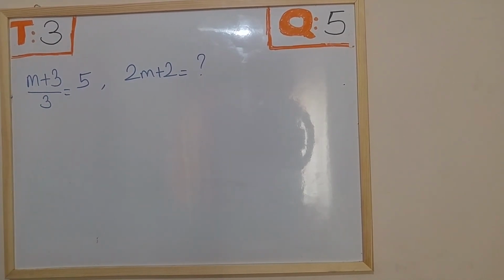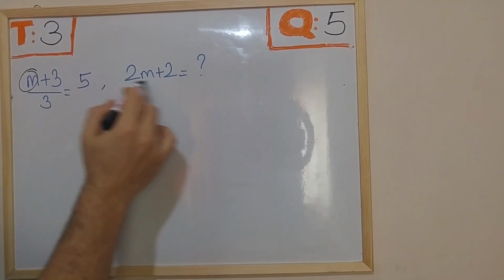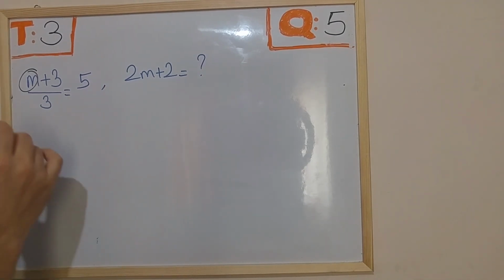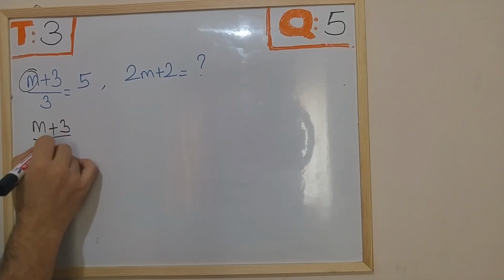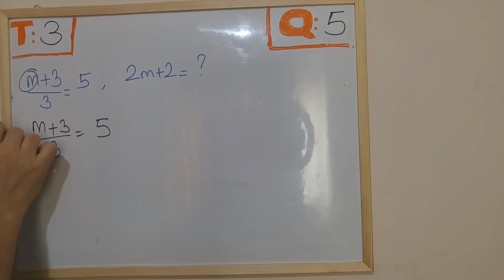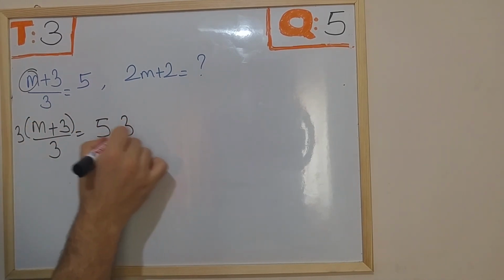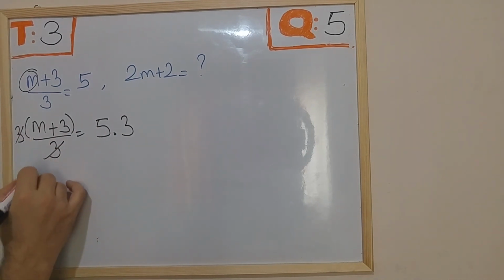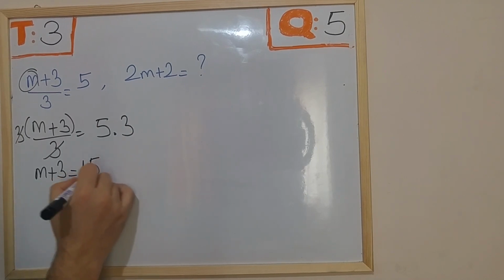In this question we can have two types of solution, and let's see both of them. One of these solutions is that we find m out and then we calculate 2m plus 2. Let's do it. (m plus 3) over 3 is equal to 5, and to get rid of this multiplier 3, we have to multiply both sides by 3, which gives us m plus 3 is equal to 15.